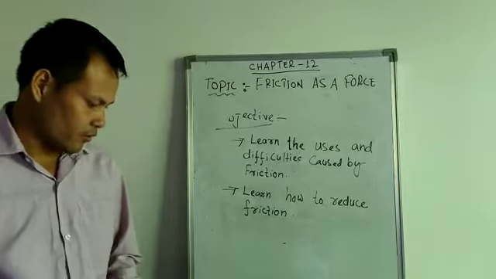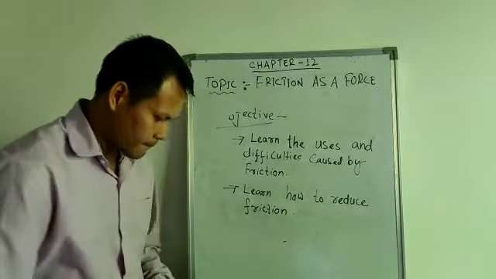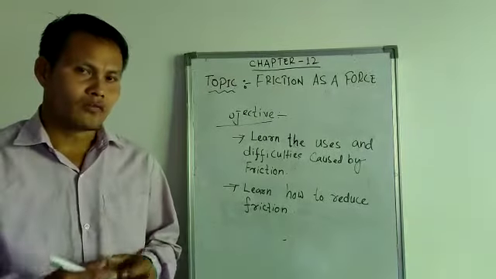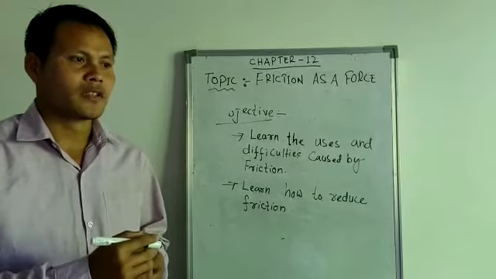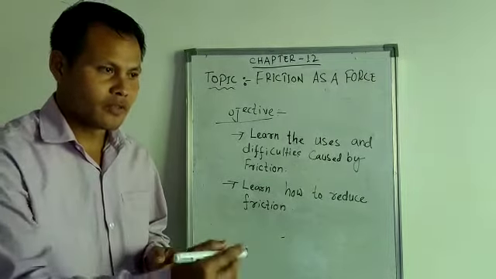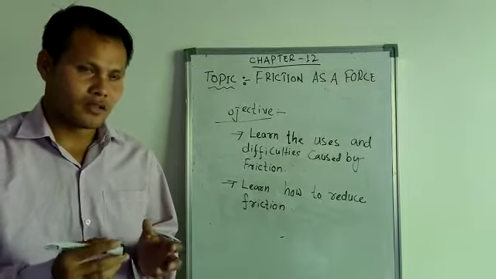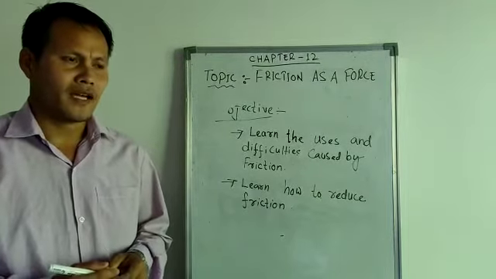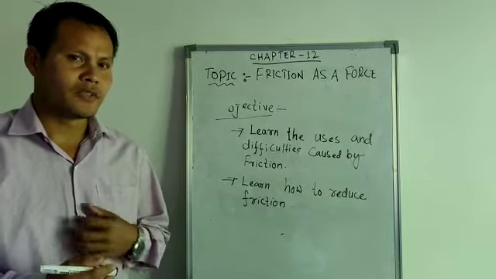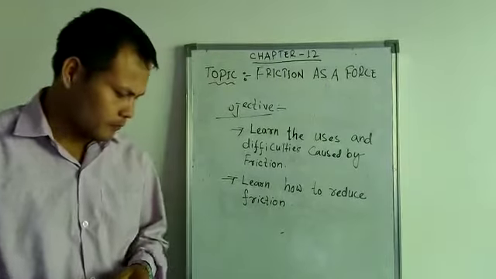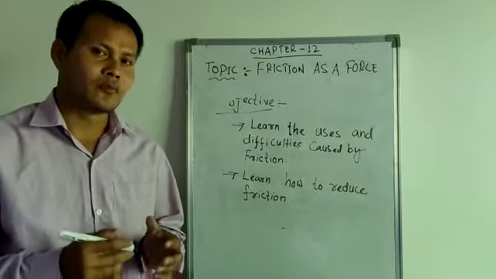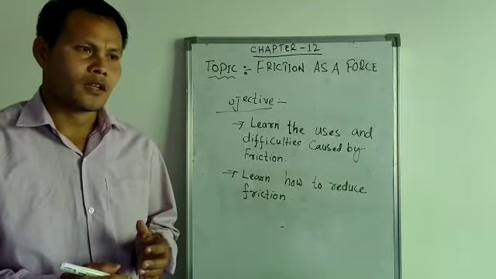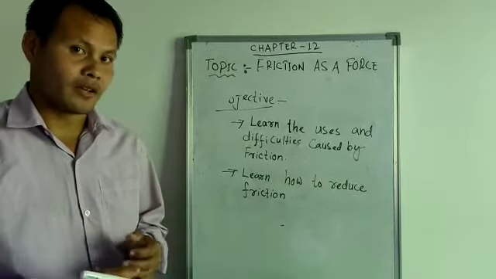Let me give you an example. When you roll a ball on the floor, after moving up to a certain distance, it stops moving. Another example is when you ride a bicycle, you have to pedal continually to keep the bicycle moving.